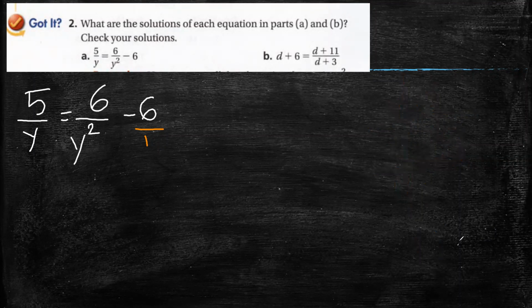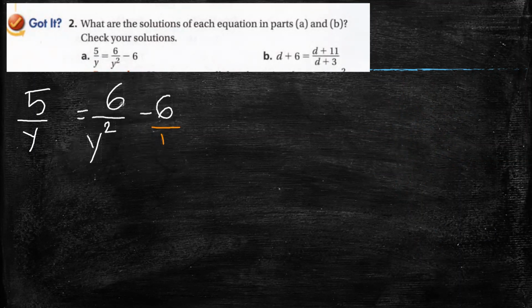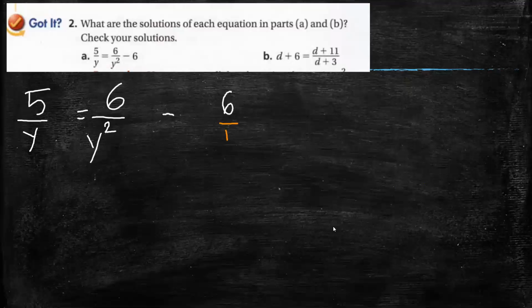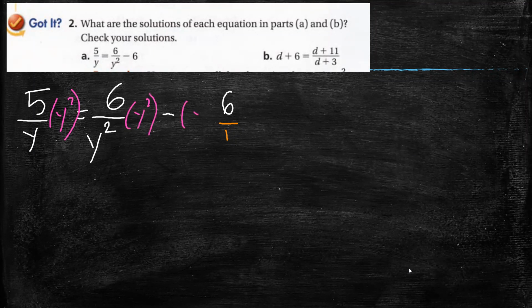So the second step, you have to multiply y squared by each term. Here by y squared, by y squared, by y squared.